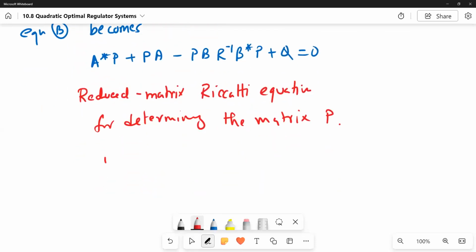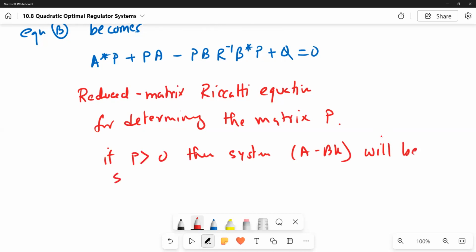If the P matrix is positive definite, then the system matrix A minus BK will be stable.